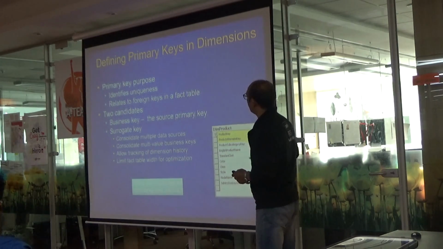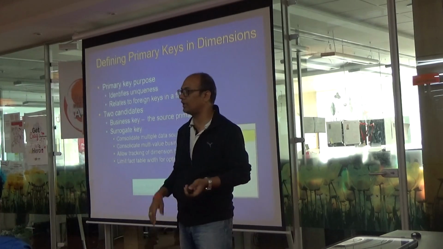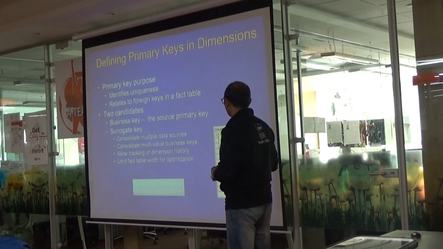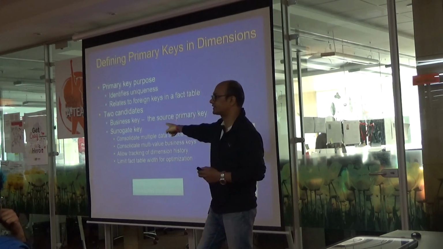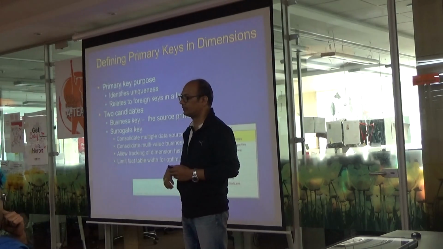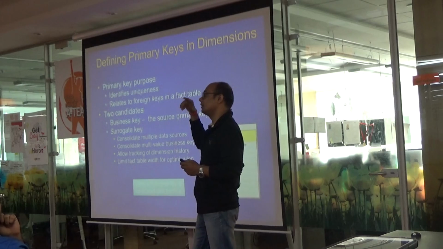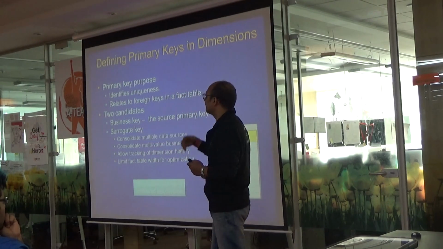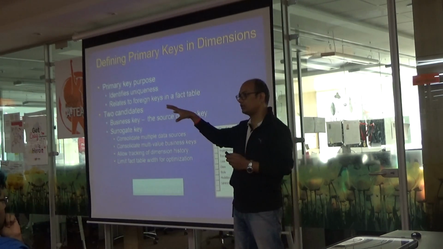So you can define primary keys in the dimension, which we already talked about. Your dimension table will have a key plus attributes. Okay. So there are two things that you can do. One is you can rely on the business key. That means the key which is acting as a primary key in my transactional database. If I take an example of a product, in my transactional database I have a product table, right?